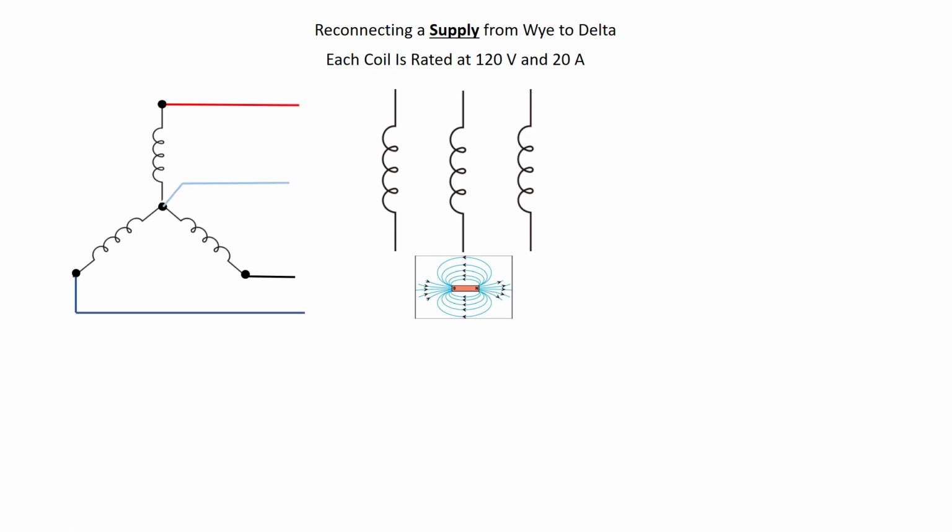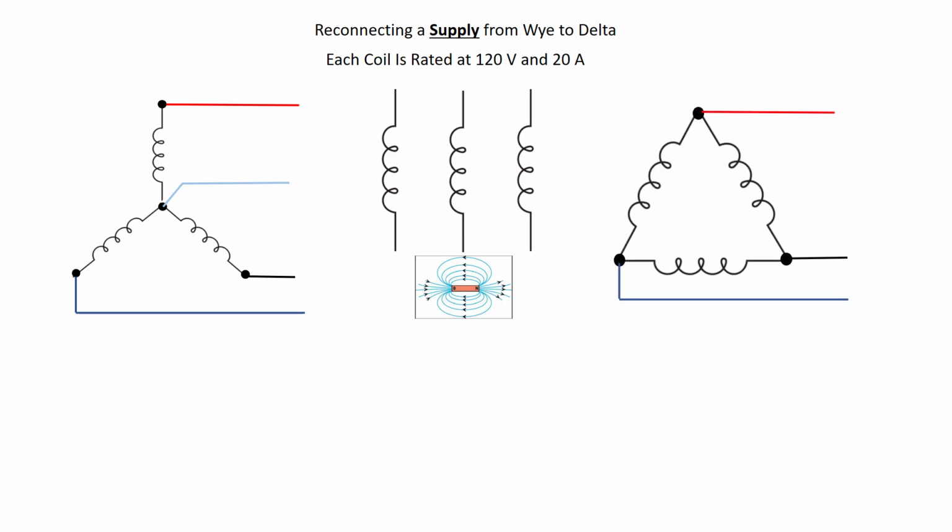So let's compare if we connect these 3 coils in Y versus these 3 same coils connected in delta and see what the differences are. Over on the Y, we know that we are going to induce a voltage of 120 volts on each one of these coils. That will be our phase voltage.